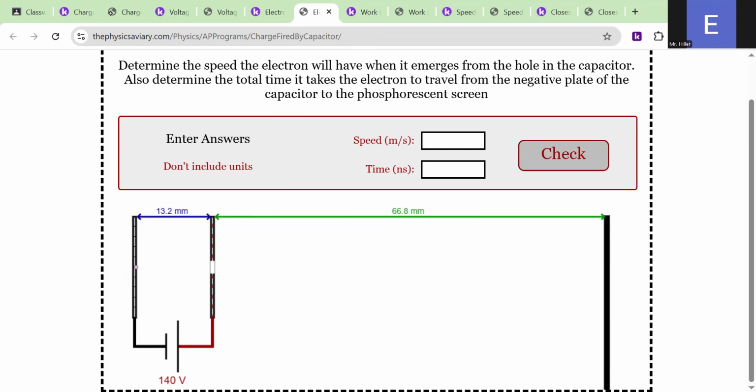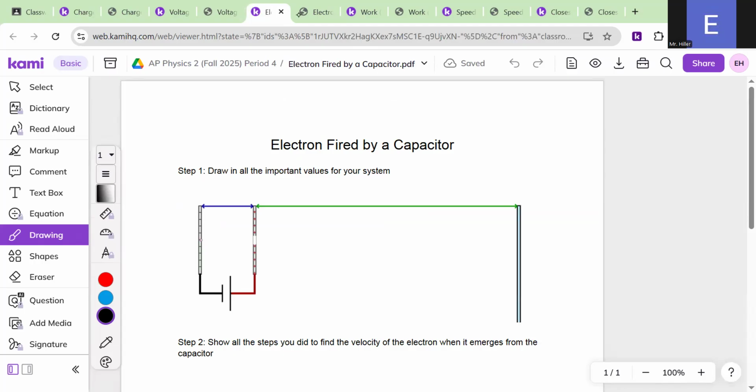All right, so there's some work to do with this. Let's break it down. First thing I'm going to do is label our values. My voltage is 140.